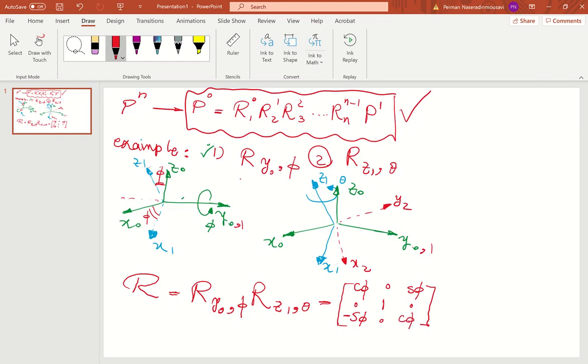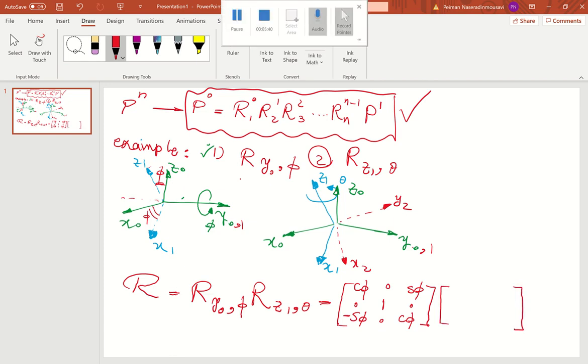Now let's go to the second rotation. You have to find x2 with respect to x1. You are rotating for the angle of theta. Here is theta, and here is theta. That's right.